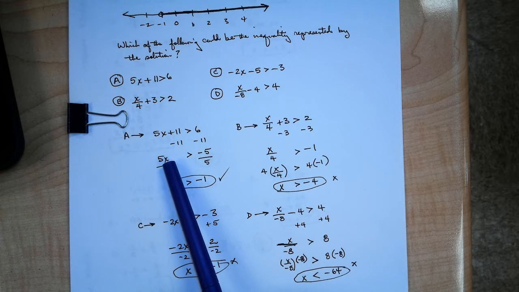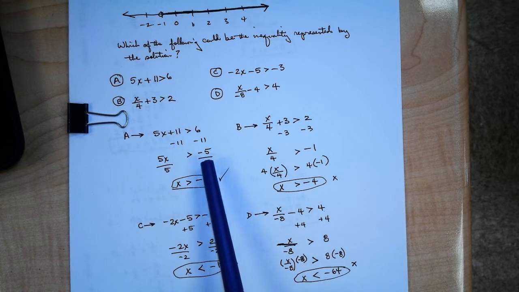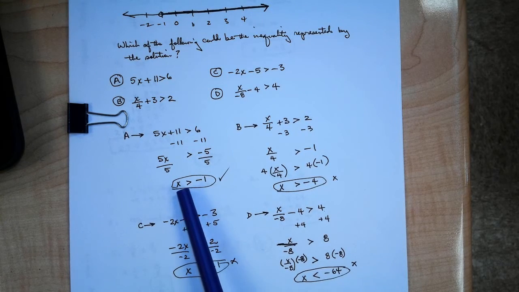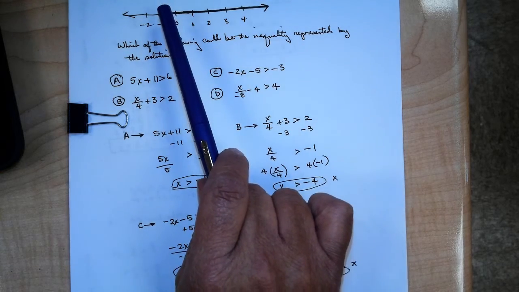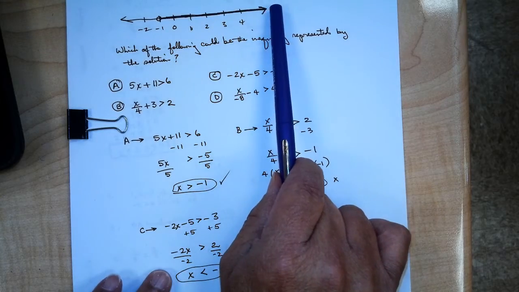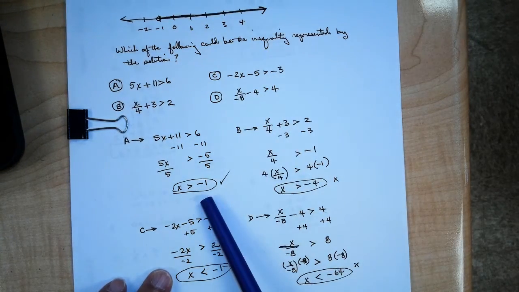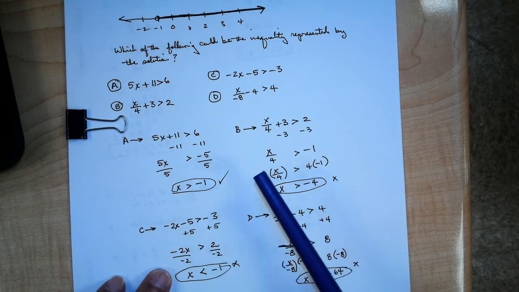The opposite of multiplying by 5 is dividing by 5. So we divide both sides by 5, and we get x is greater than -1. Now if you look at this solution up here, x has to be greater than -1. So it looks like that does pair up. That's a possible choice. I'm putting a check mark.